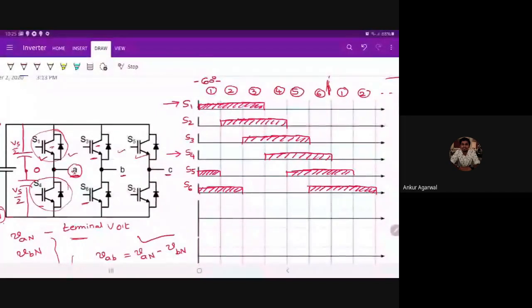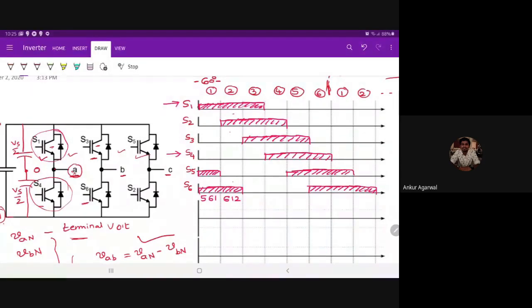We will write it like this: 5, 6, 1. Similarly, in the next 60 degrees, S1, S2 and S6 are conducting, so it is 6, 1, 2.